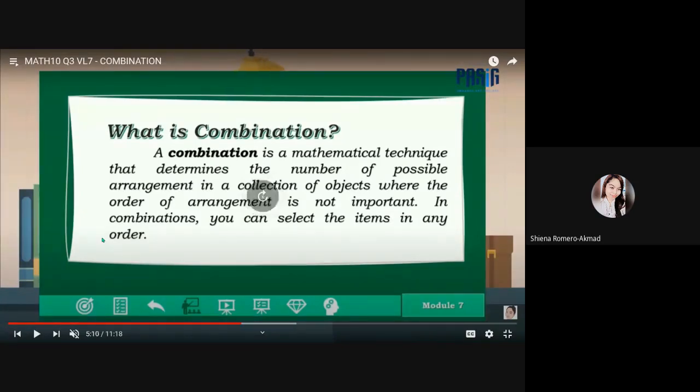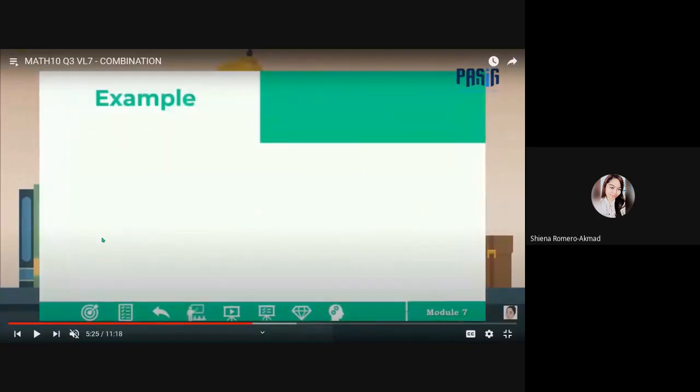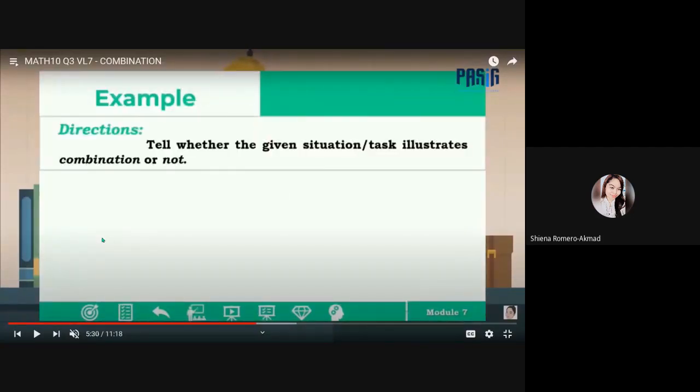Okay? So let us have more examples of this. So I want you to tell whether the given situation or task illustrates combination or not. Number 1, a team of 8 basketball players needs to choose a captain and a co-captain. Sa tingin ninyo, does order matter here or not?